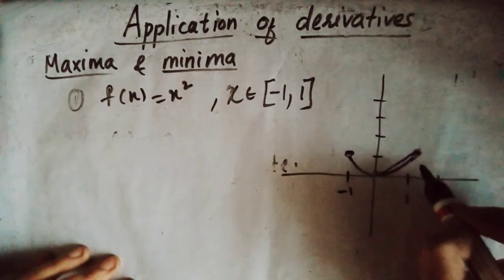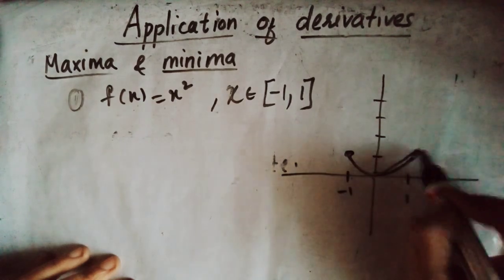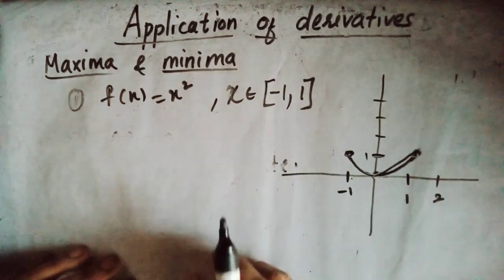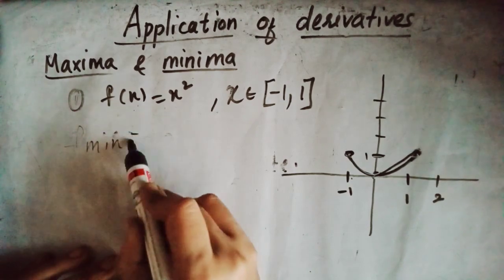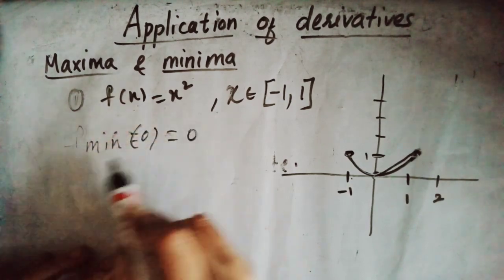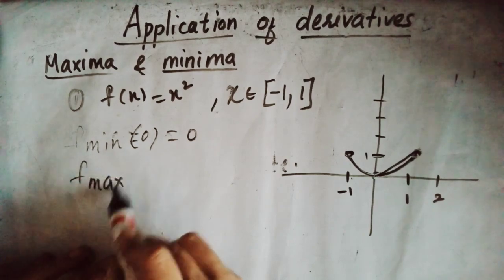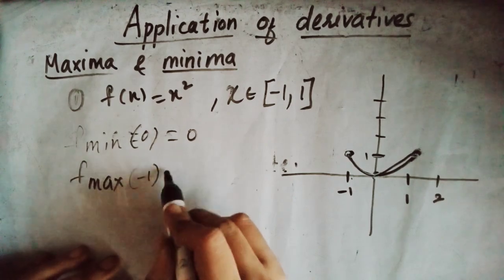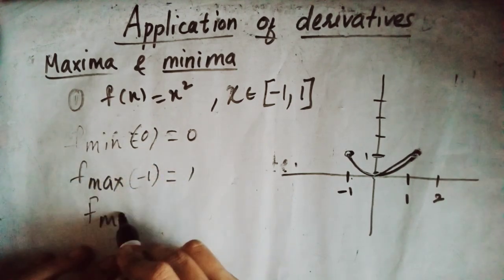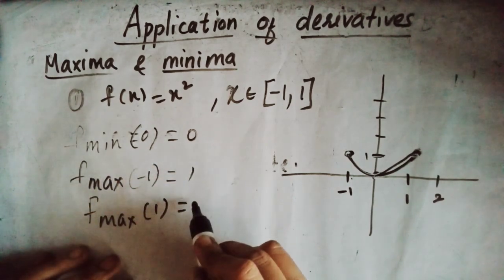So f minimum will be the same, that is for 0 it is 0, but f maximum is now defined for -1 and 1, it is 1.